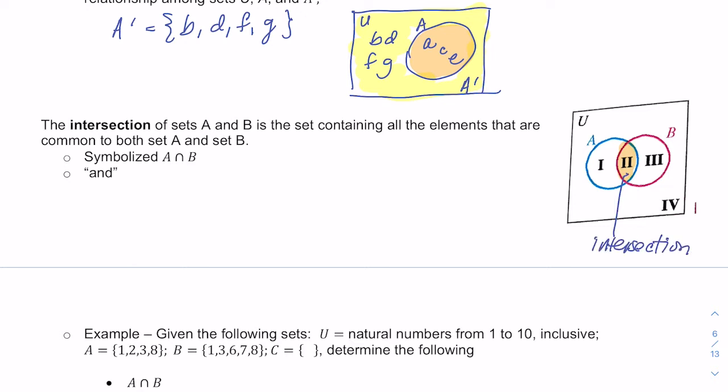For the intersection, we use the symbol, an upside down U, so that would be A intersects B. You could also read that as A and B. So "and"s are intersections.